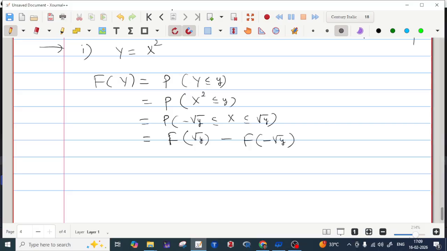So this is the distribution function. And since y equals x square is an even function, therefore F of root y equals F of minus root y. Now this is the distribution function.